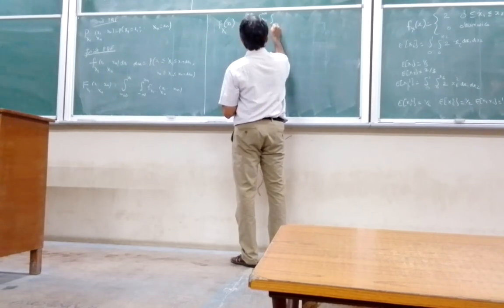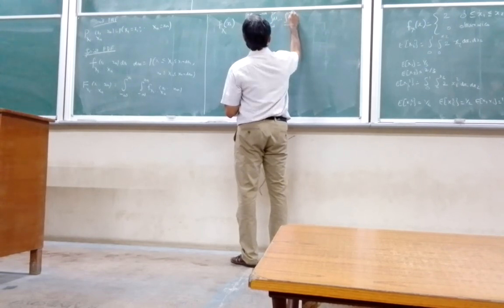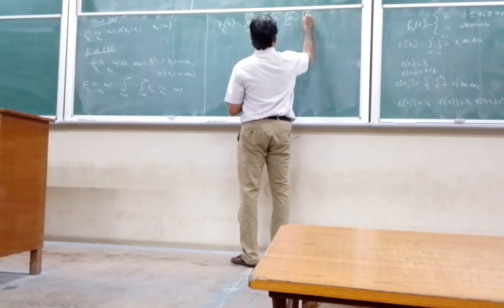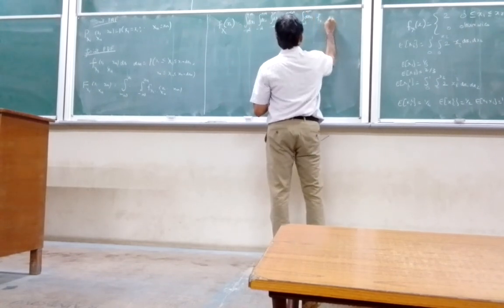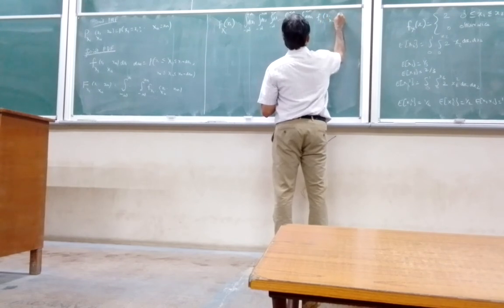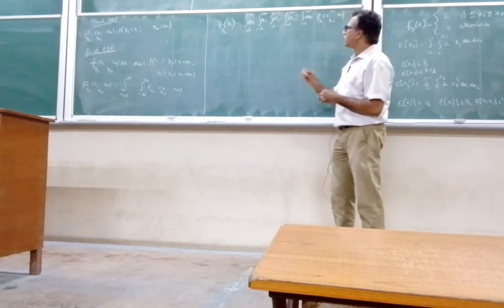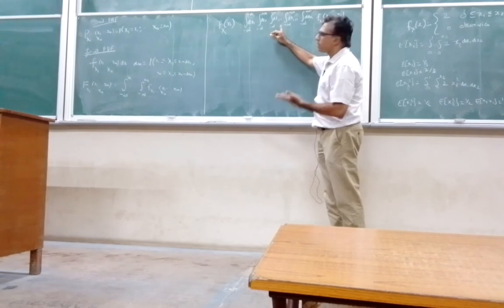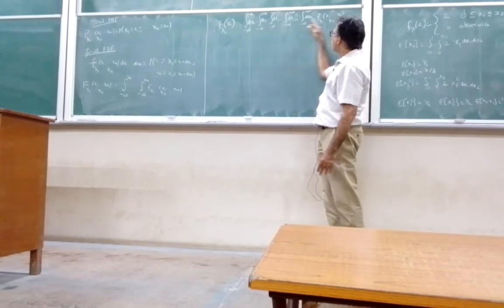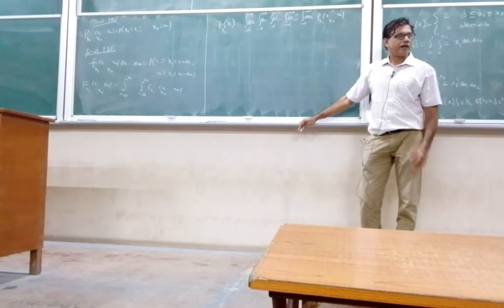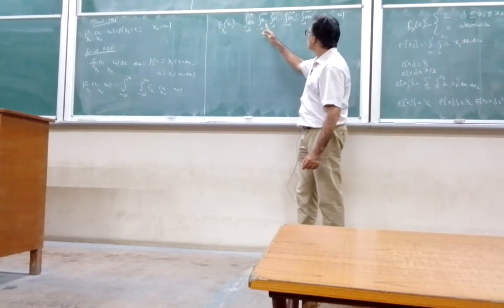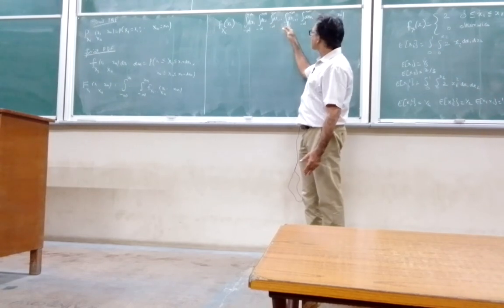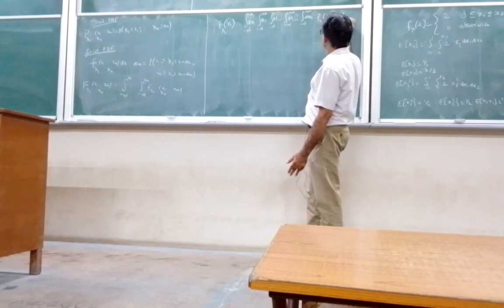So you integrate from minus infinity to plus infinity over dx1 up to dx(i minus 1), and then dx(i plus 1) all the way to dxn. So what we have done is we have left i alone and integrated out all other random variables over the entire range. Then you will get this.